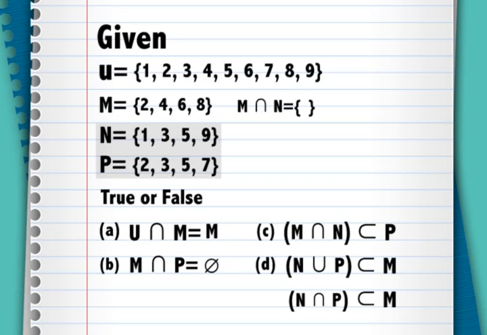What is the intersection of N and P? 3 is common, and 5. Are these elements in the set M? No, sir. So this will be false. N intersect P is not a subset of M.